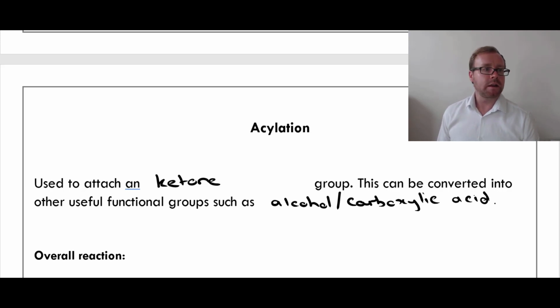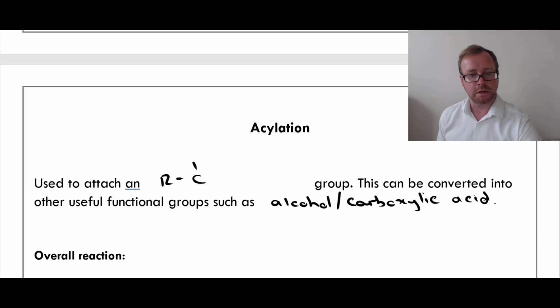And I'm going to change this here, because strictly, let's write acyl group, because it will form an aromatic ketone rather than a ketone group.